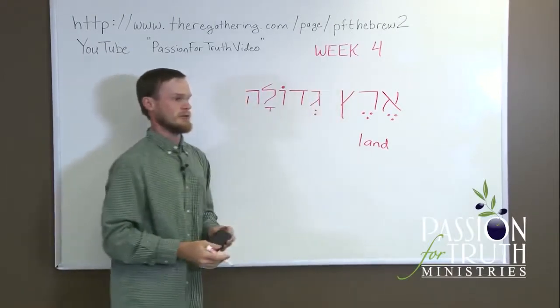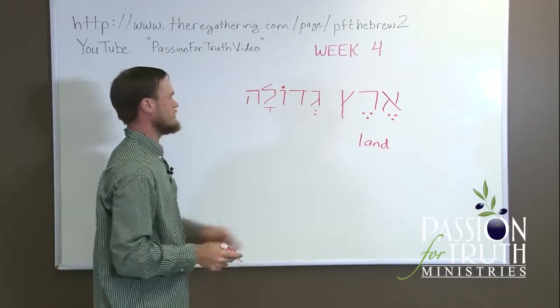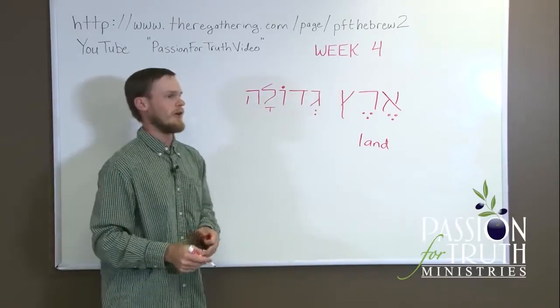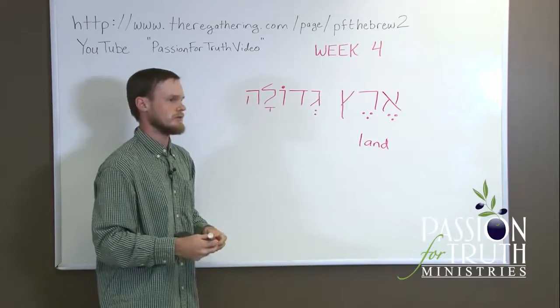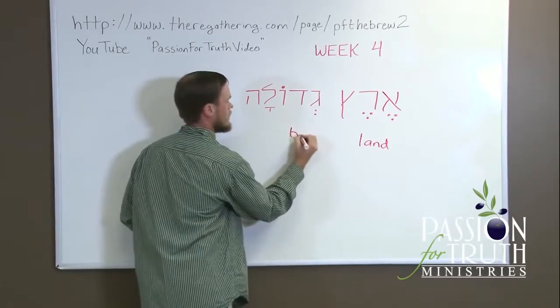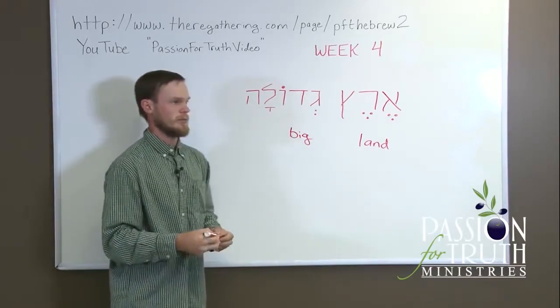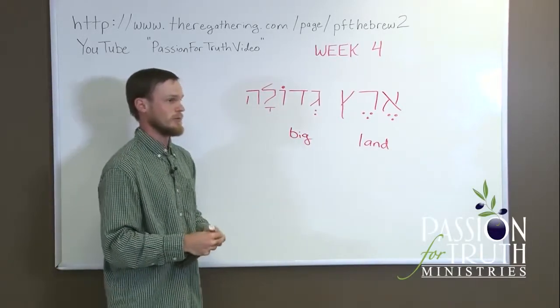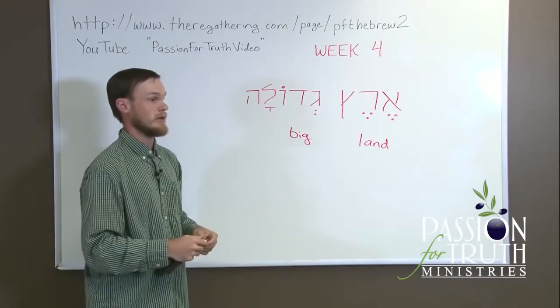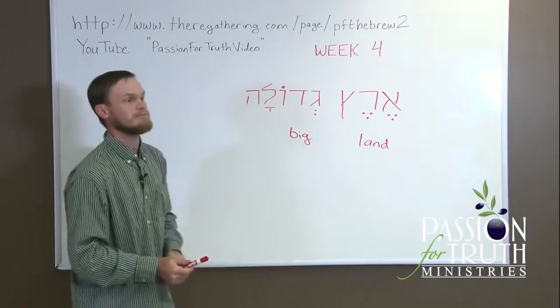If you say Gadola versus Gadola, everyone's still going to know what you're talking about. But this is a technicality that later on we'll understand a little better. The important thing is to match the masculine form with the masculine nouns and the feminine form with the feminine nouns. And the feminine form can always be reached in an adjective by simply adding kamatz hey.